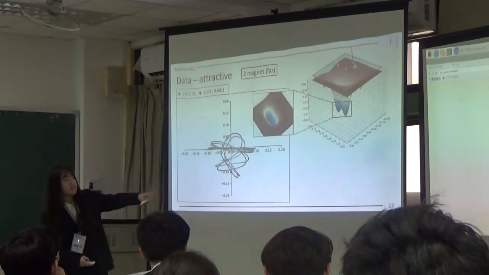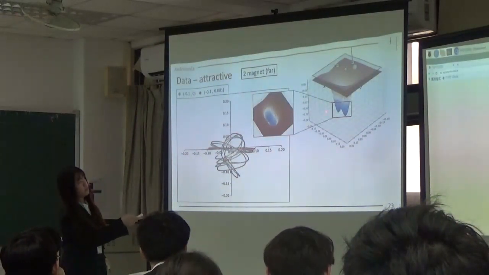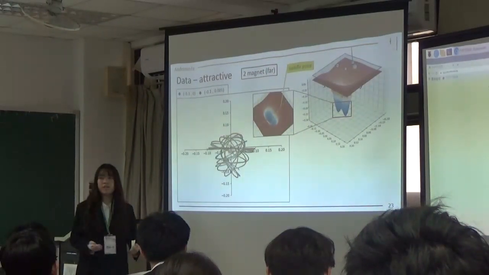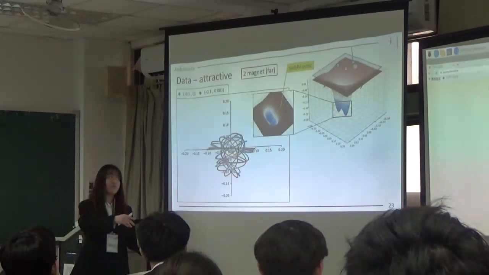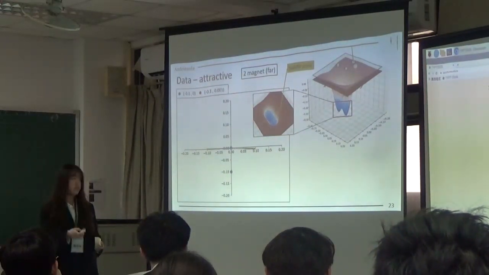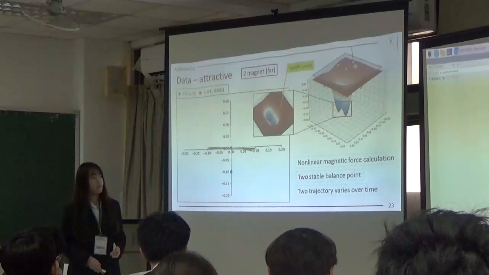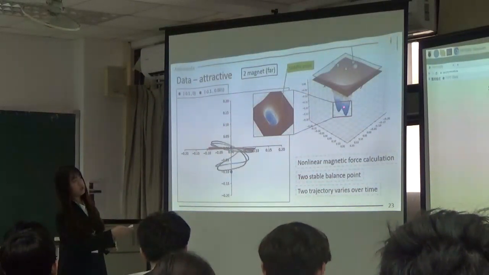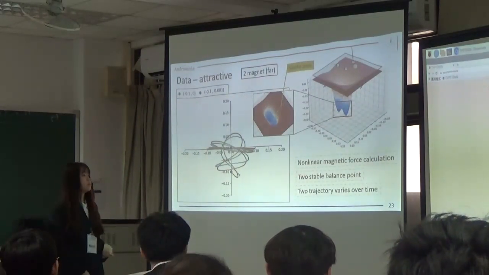Here there is a saddle point, which means that if the bob passes through the saddle point, the trajectory may bifurcate. And you can see that there are two stable balance points, one here and one here.